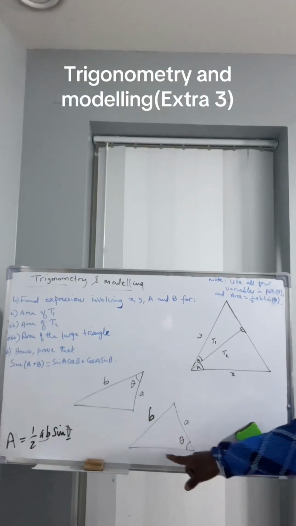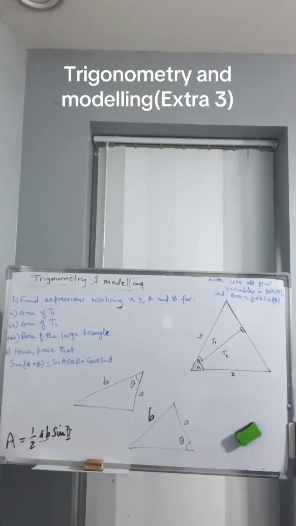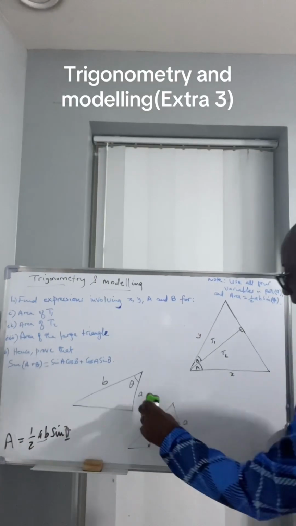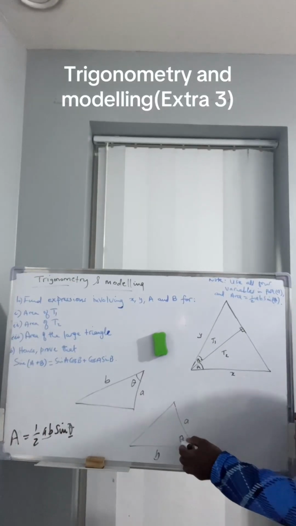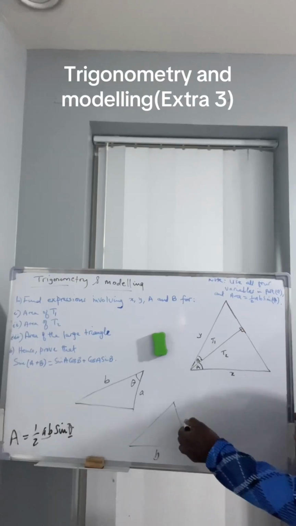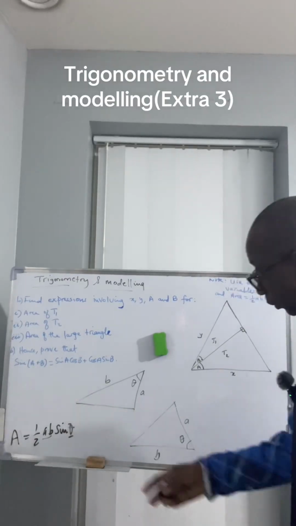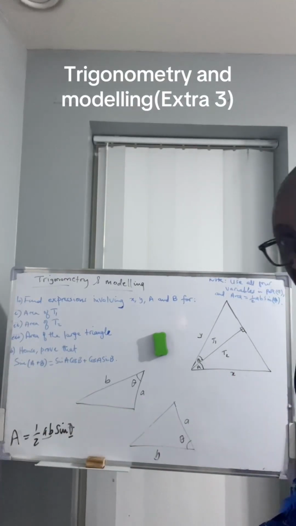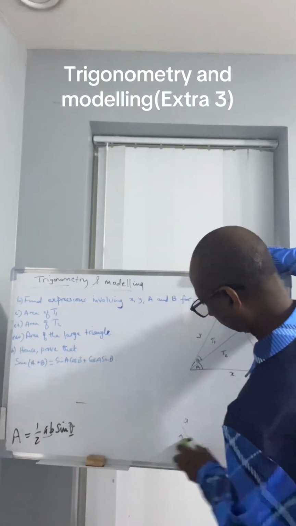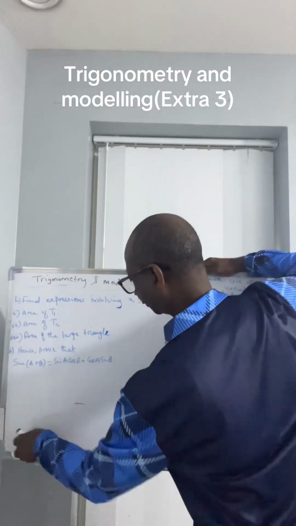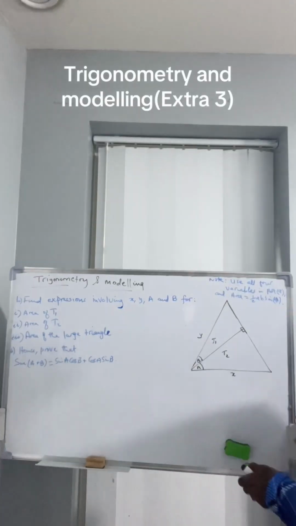This side now is unknown, so we can't use this formula. So that is why I put B here, so that we can see the angle is between the two sides, A and B. So that is how to use this formula. I expect you to know this. So that is what we are given.